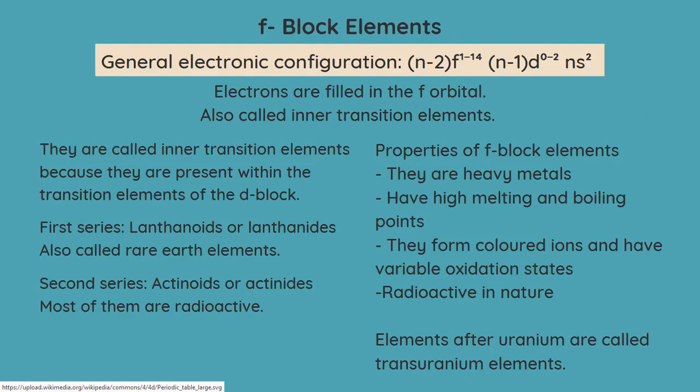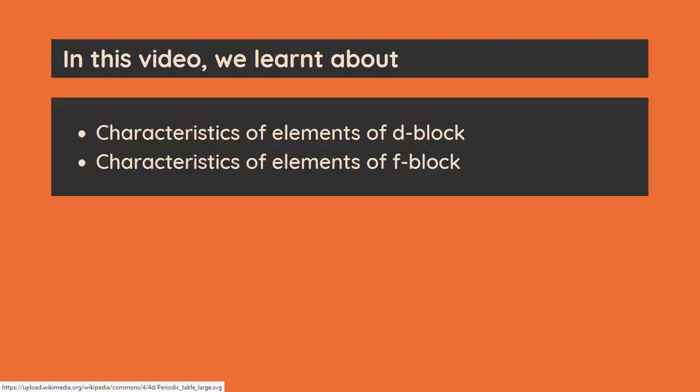They're radioactive in nature. Now, with this, we finish the characteristics of elements of d block, whose electronic configuration is n-1 d 1 to 10, and ns 0 to 2. They are colored complexes.